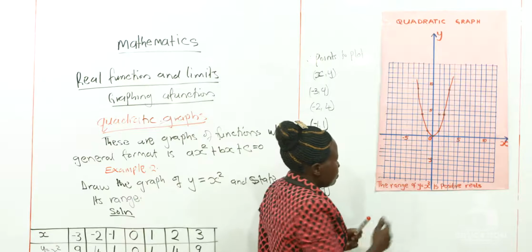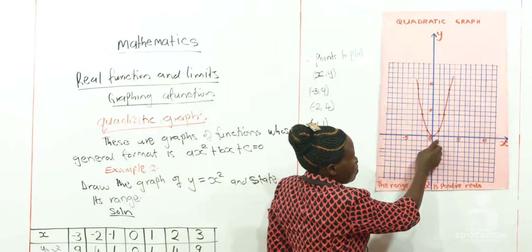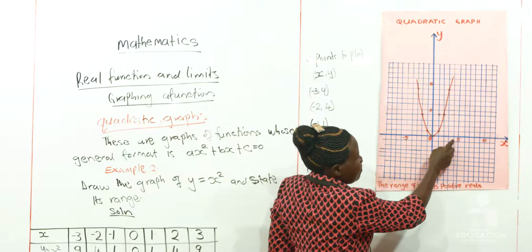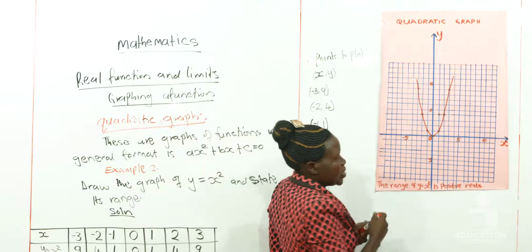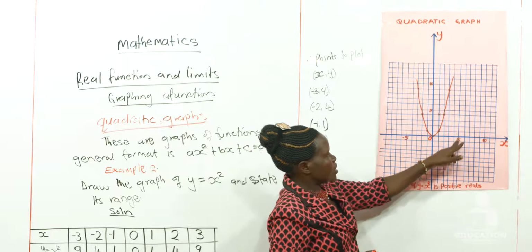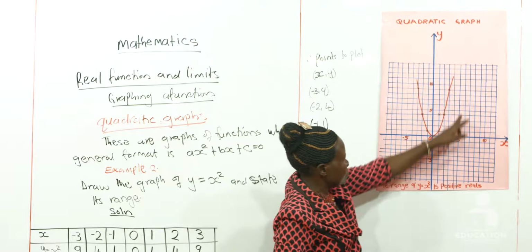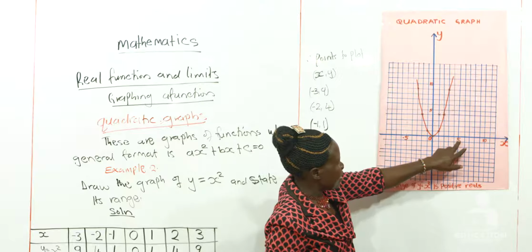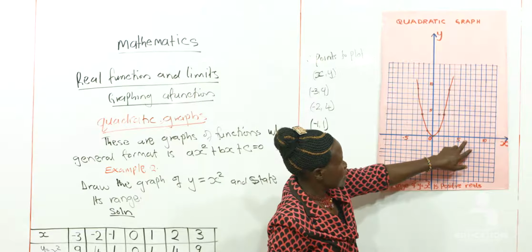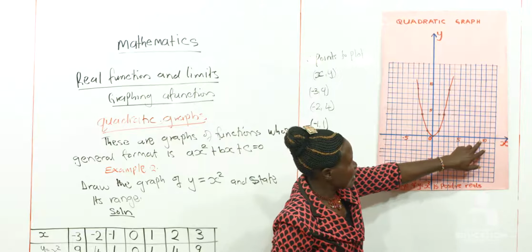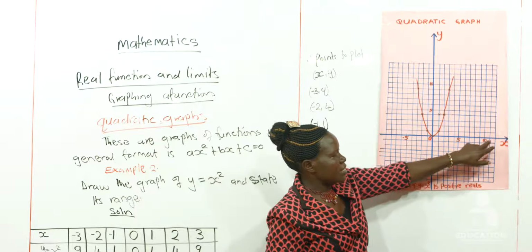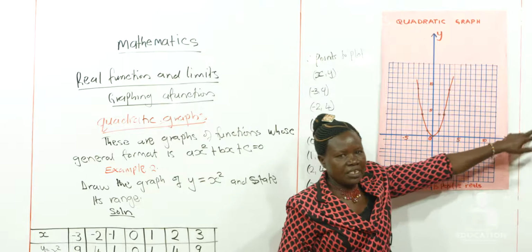So we begin from 0, we move 1, 2, 3, 4, 5. Then we have 5, which is this main or sub-main line. And then from 5 we have 6, 7, 8, 9, and then 10. And then the graph will continue in that nature.